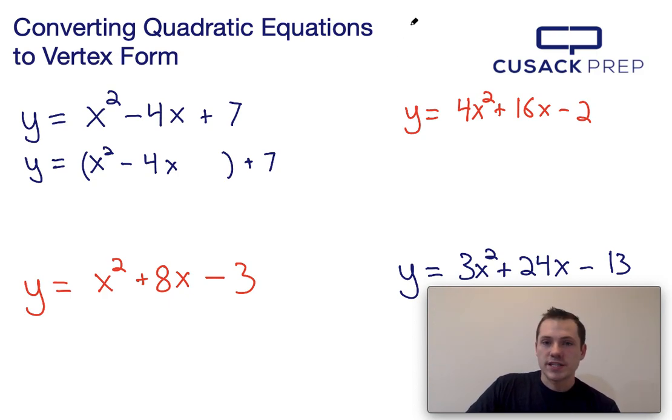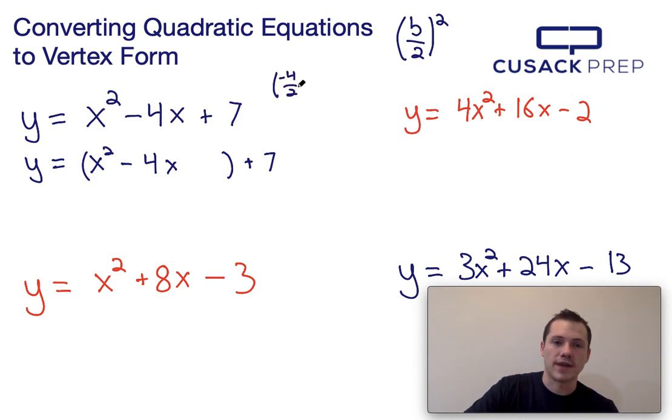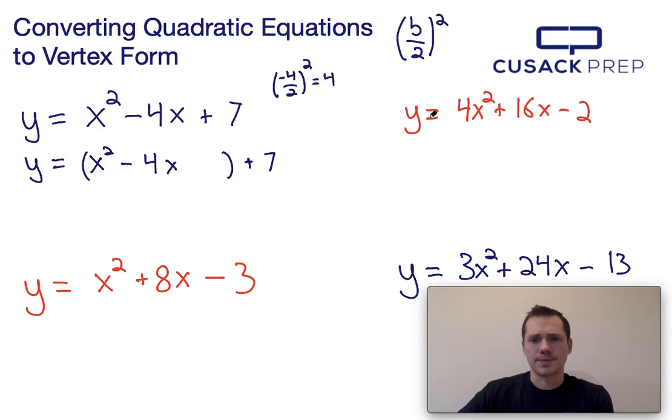Now, the expression you want to remember is b over 2 squared, where b represents the coefficient on your x value. I take this negative 4, divide it by 2, and then square that, which gives me 4.